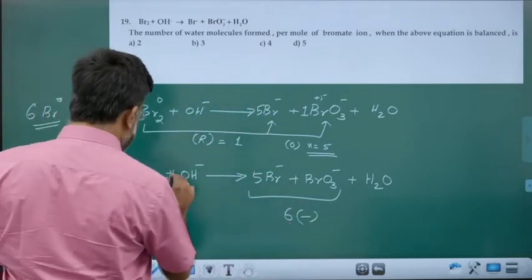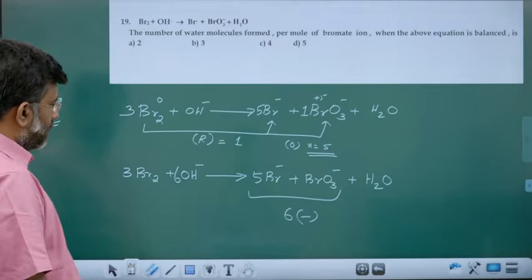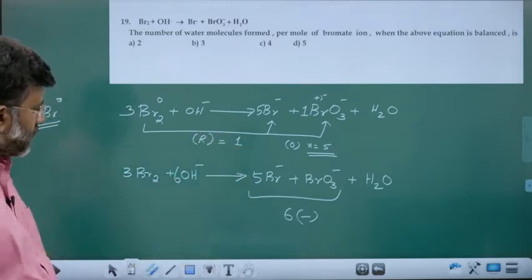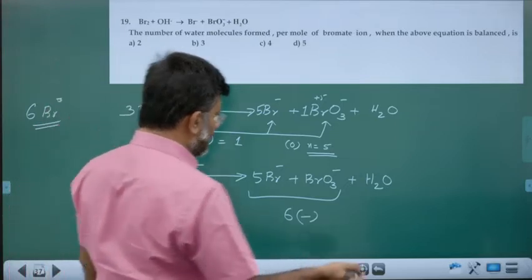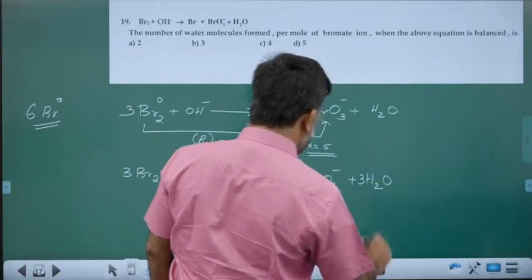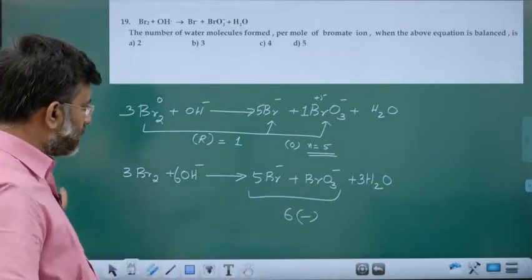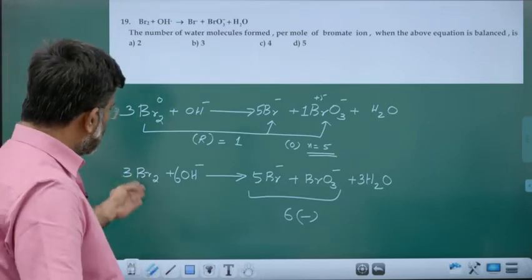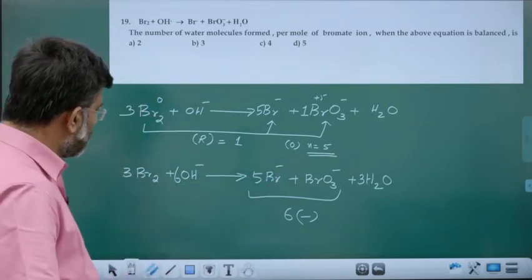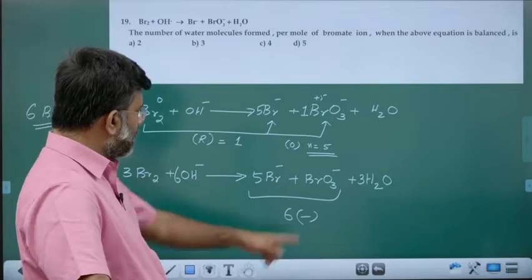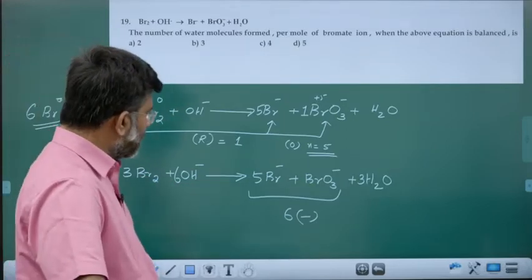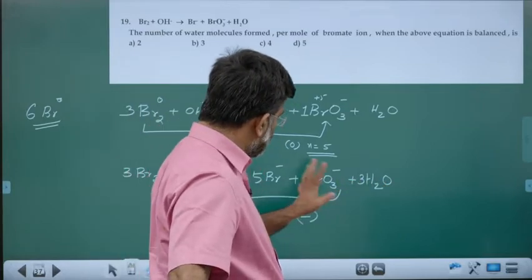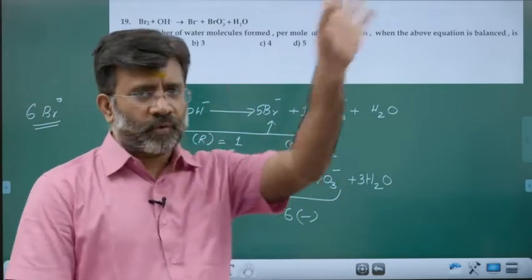So it must be 6 OH minus here. And now when there are 6 hydrogen, there must be 3 H2O. Now everything is balanced. 6 bromine, 5 plus 1, 6 bromine. 6 hydrogen, 6 hydrogen. How much oxygen? 6 oxygen. 3 oxygen here, 3 oxygen here. So the entire equation is balanced.